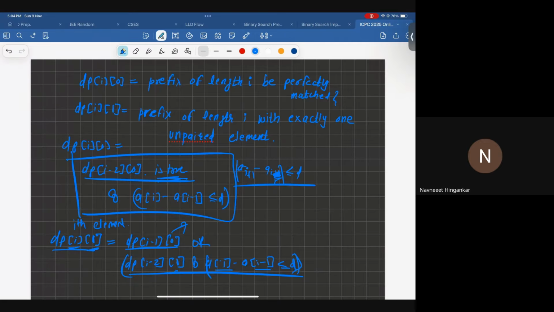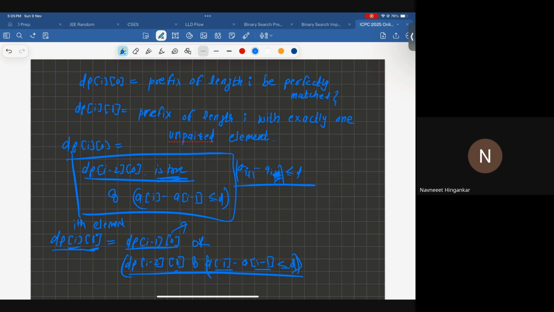We are solving using DP only, but for odd, like even, you can just keep the pairing and check if those adjacent numbers are less than or equal to D, then it's okay. Because in even we can't skip any element. The moment we skip any element, for odd we can use that skipped element in the center and we don't care, but for even we can't do that.